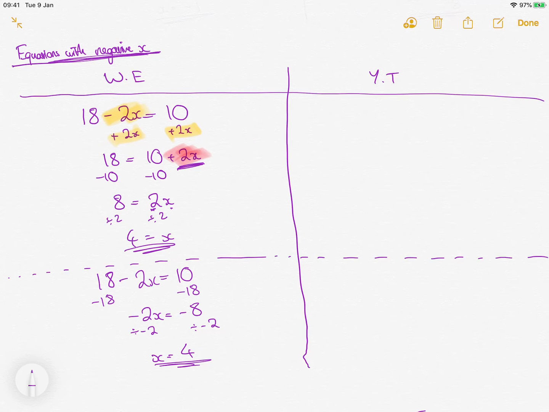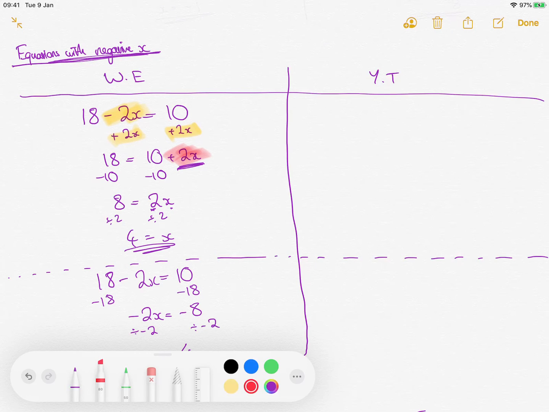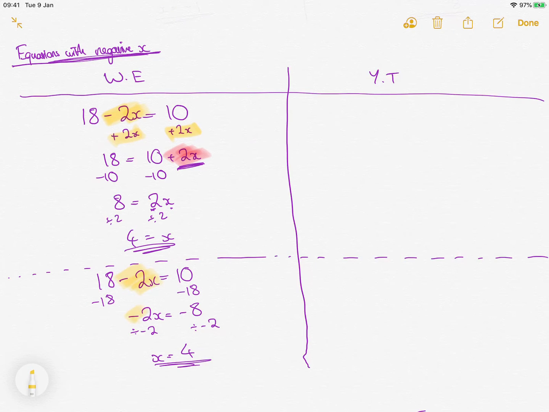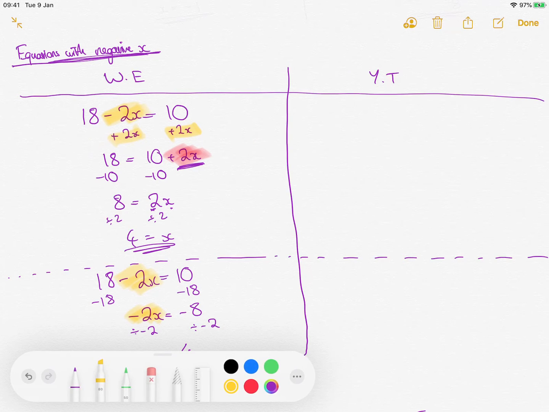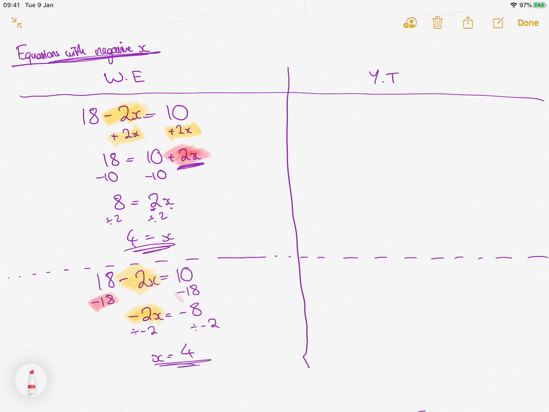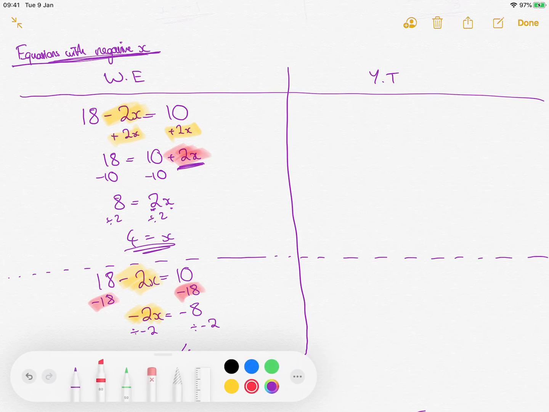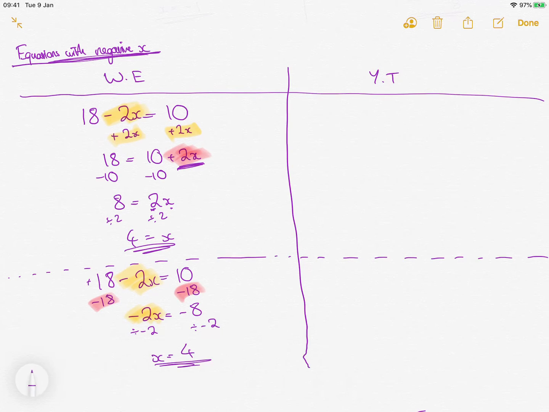So this time I left my 2x on this side and I kept this. It has to stay with that negative because it's negative 2x. But my first step this time was to take away 18 from both sides, because as I said before, if it hasn't got a sign, it's positive. So the inverse of that is taking away 18.